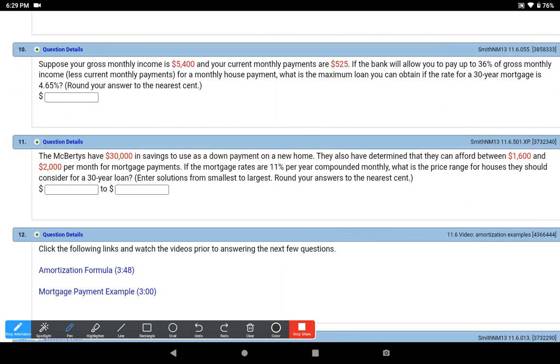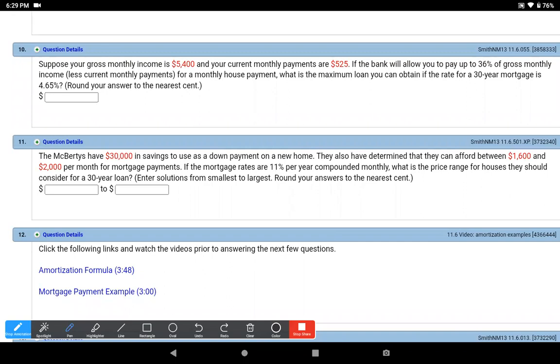They also have determined that they can afford between a $1,600 and $2,000 per month for mortgage payments. If the mortgage rates are 11% per year compounded monthly, what is the price range for houses they should consider for a 30-year loan?